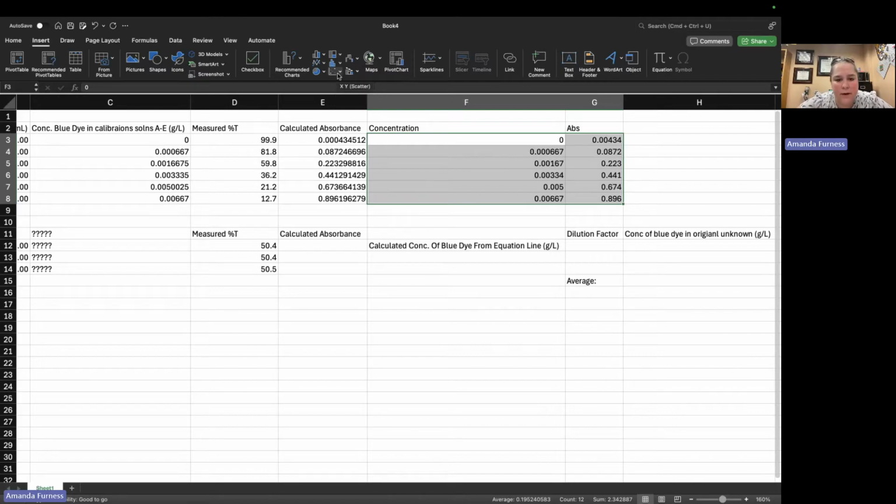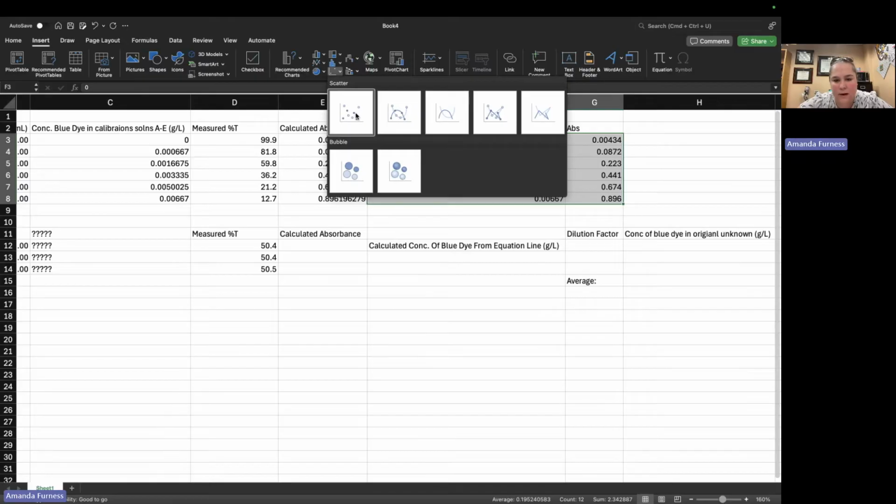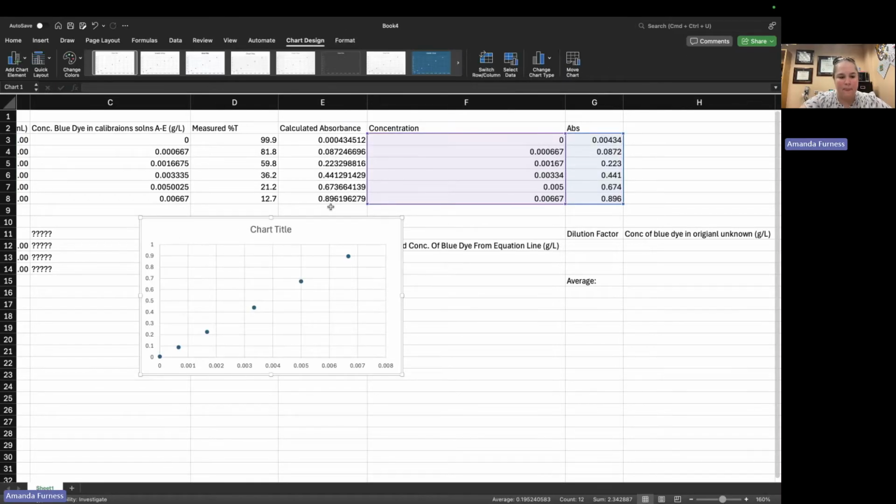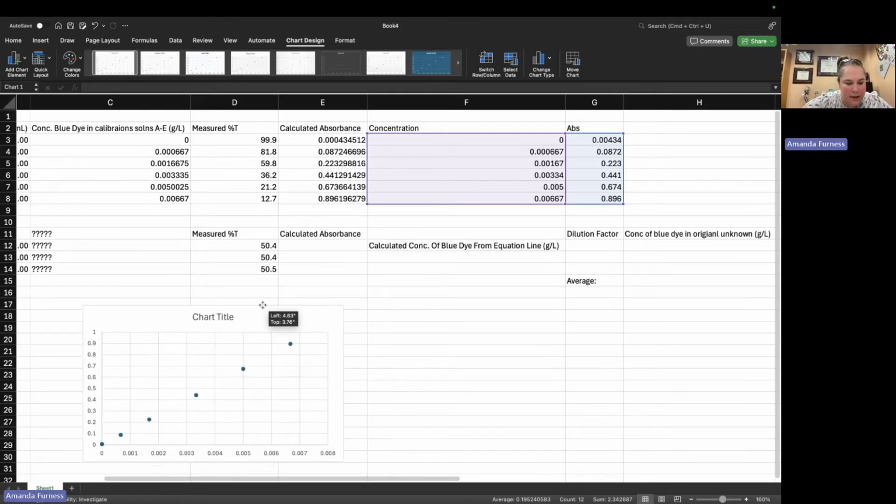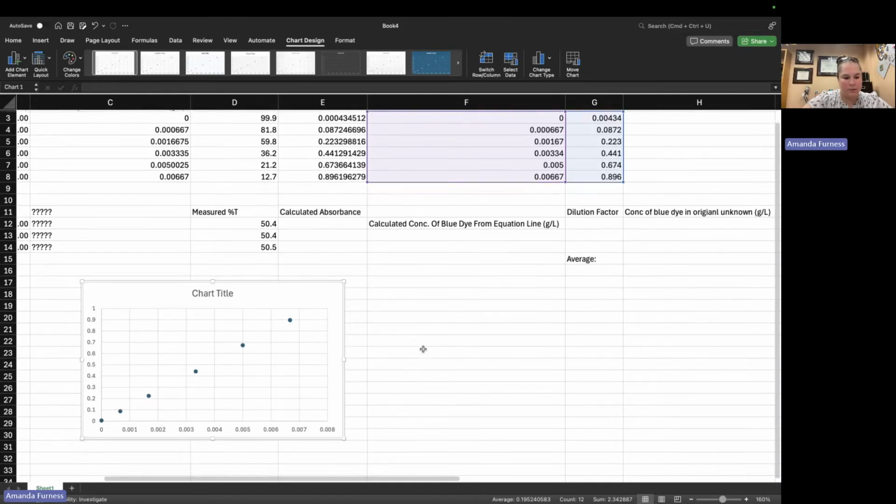In the middle here, you'll see a scatter plot. So I like to drop down. You want the scatter plot without the lines connected, or without the dots connected. We'll add a trend line, but for now, when we're just plotting it, we want it like this. So I plot my data, and here is my scatter plot.